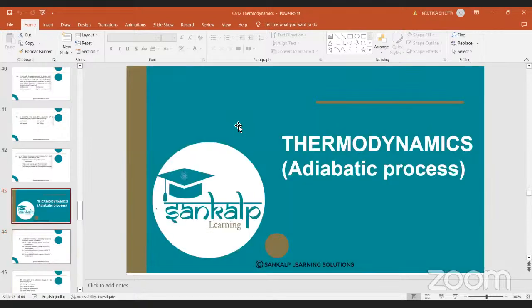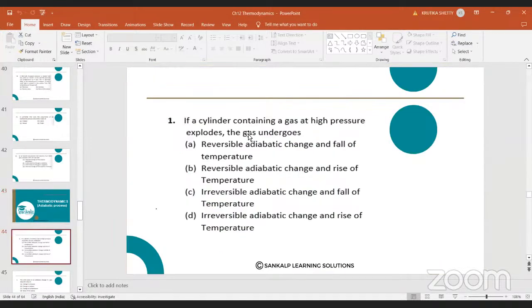Okay, if a cylinder containing a gas at high pressure explodes, the gas undergoes. So here a cylinder explodes due to the high pressure. So the gas undergoes reversible adiabatic change and fall of temperature, reversible adiabatic change and rise of temperature, irreversible adiabatic change and fall of temperature, or irreversible adiabatic change and rise of temperature.